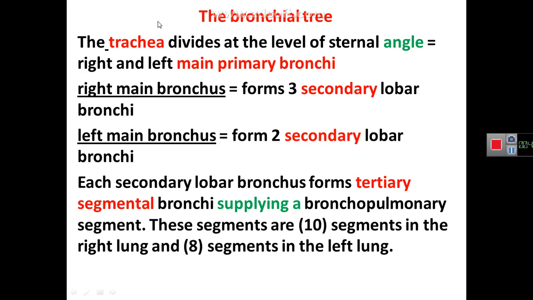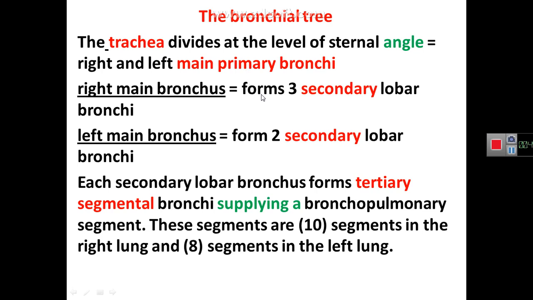The trachea divides at the level of the sternal angle of Louis into right and left branches that are called main primary bronchi. These main primary bronchi will divide further.